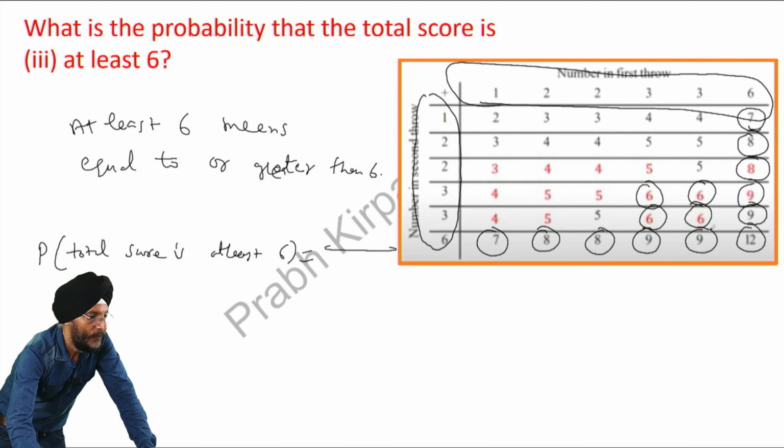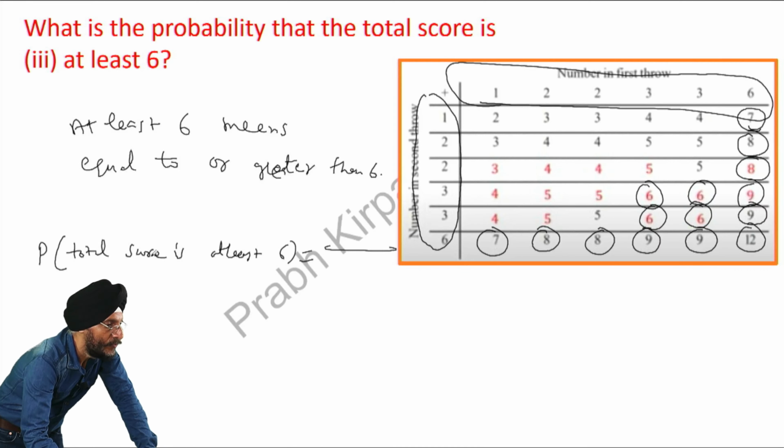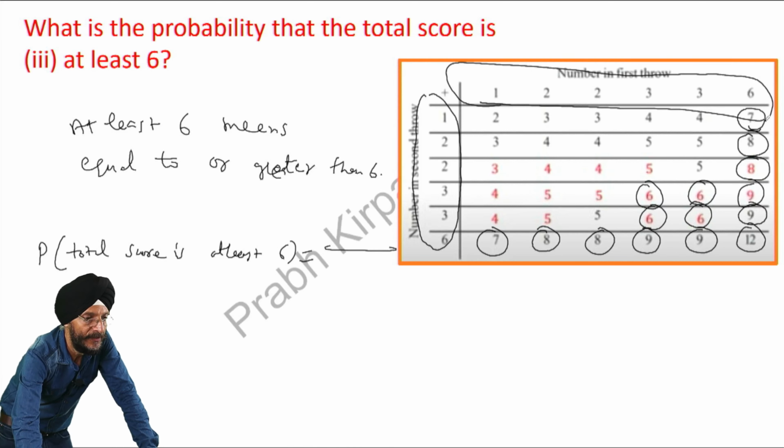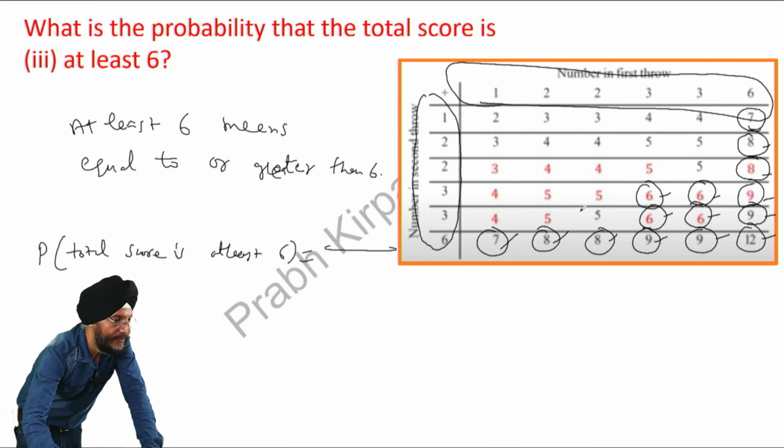So how many numbers are equal to or more than 6? 1, 2, 3, 4, 5, 6, 7, 8, 9, 10, 11, 12, 13, 14, and this is the 15.